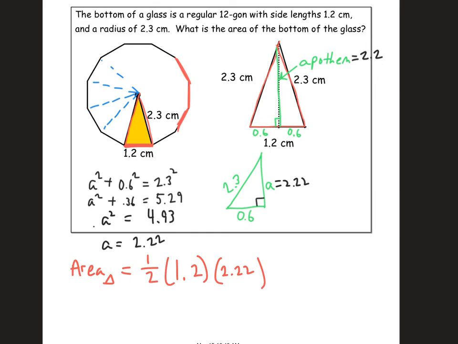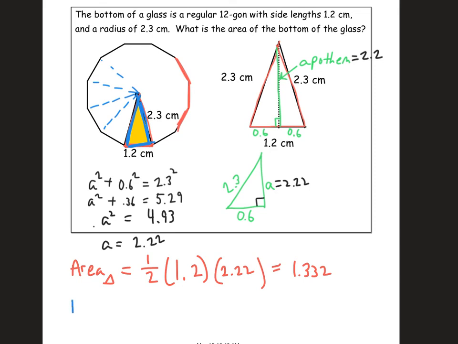That's the formula 1/2 times S times A, and it equaled about 1.332. That's the area of one triangle, this one right here, or any of them, since they're all the same size.